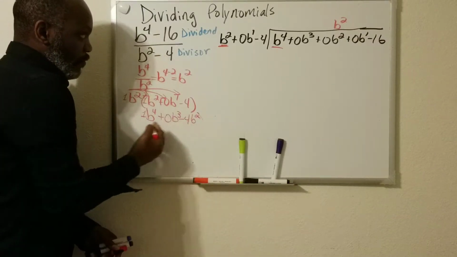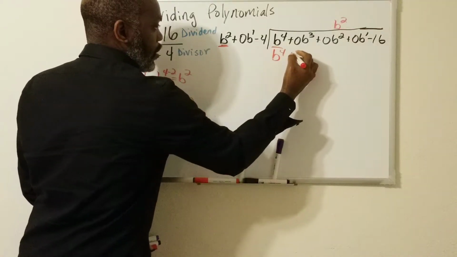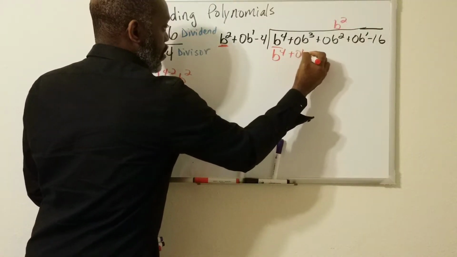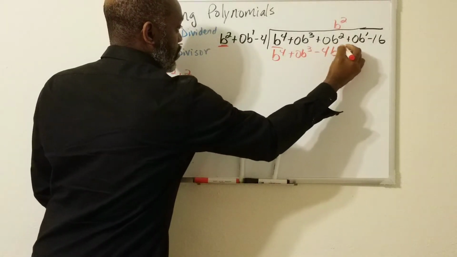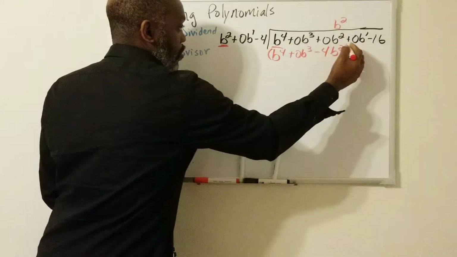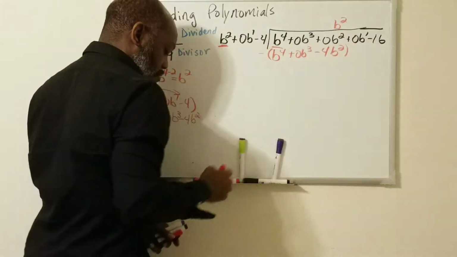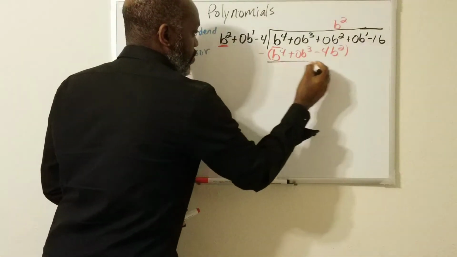And then I take this information and plug it in right underneath the other dividend, and I'm going to get ready to subtract. So basically what I'm doing is changing the signs. So I'm subtracting this out.